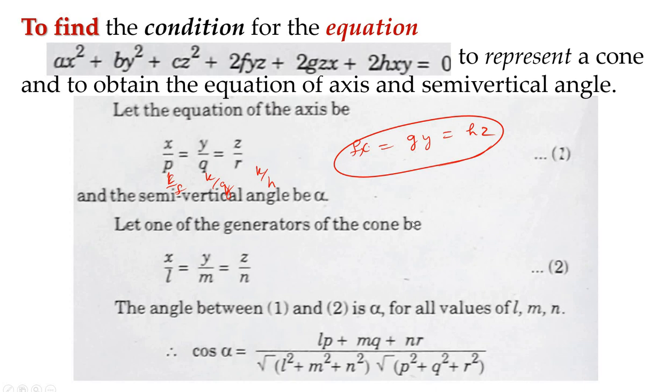So இதை என்ன பண்ணணும், we presumed our axis of the cone, இதையும் நம்ம presume பண்ணிட்டோம். அதுக்கப்புறம் alpha நம்ம alpha also is assumed.